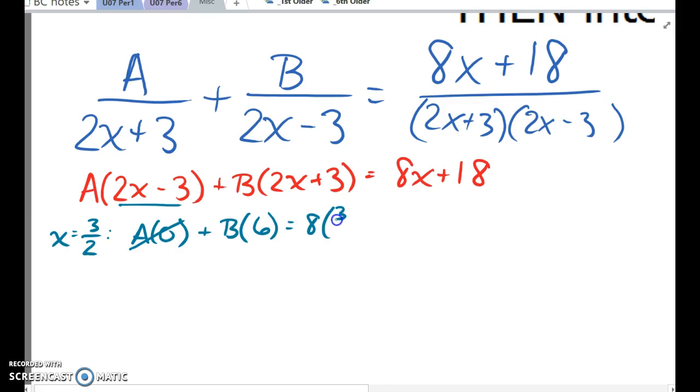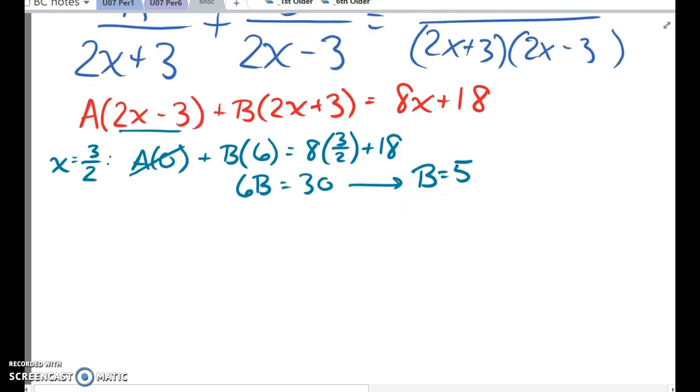That equals 8 times 3/2 plus 18. So I have 6B equals, 12 plus 18 is 30. So I have B equals 5. Again, you could have avoided some of that fraction work with the other option, but then other stuff ends up taking longer. So they work out to be about the same level of difficulty.